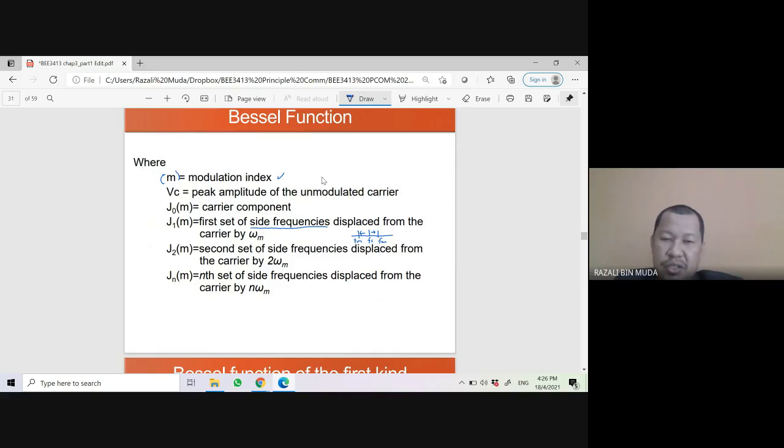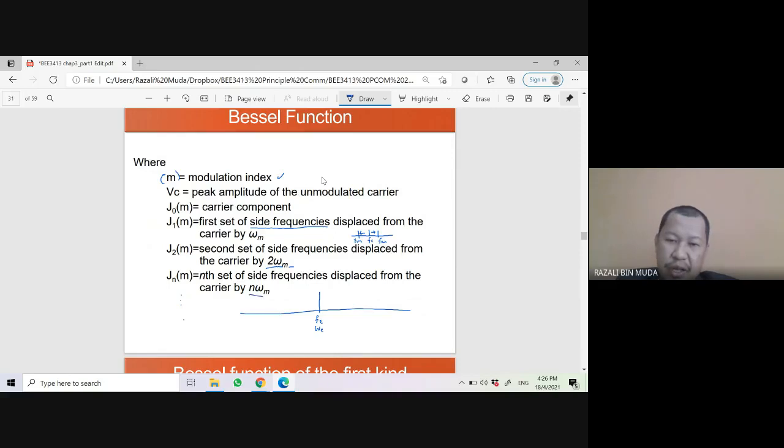J2 is the second pair of second sideband, which is the carrier displaced by 2 omega m. Maknanya dia selang 2 omega m, 2 FM. And until Jn, which is the n set of side frequency displaced from the carrier by n omega m. So maksud dia, kalau kita ada frekuensi domain, ini ialah Fc ataupun omega c sama.